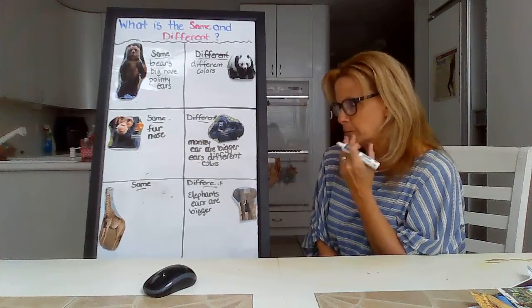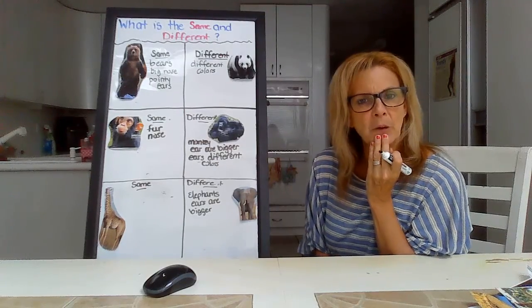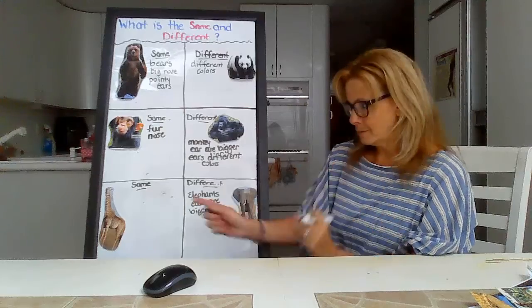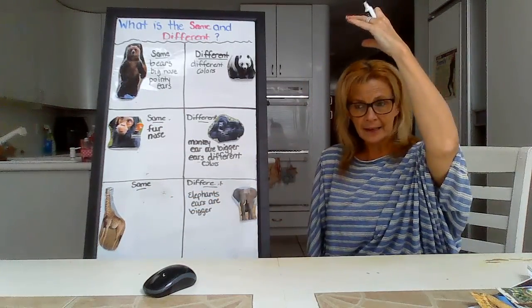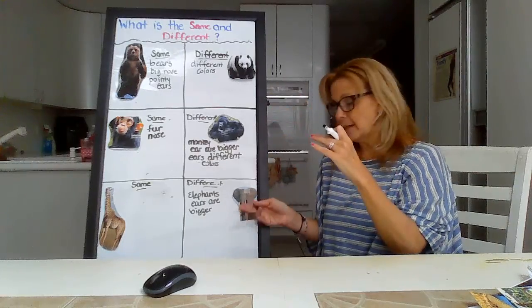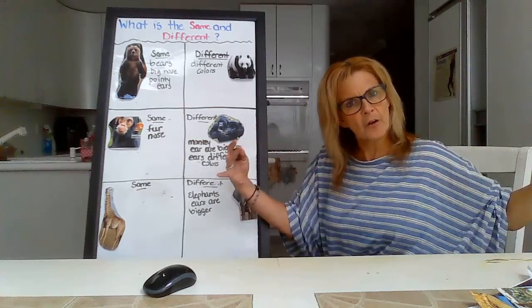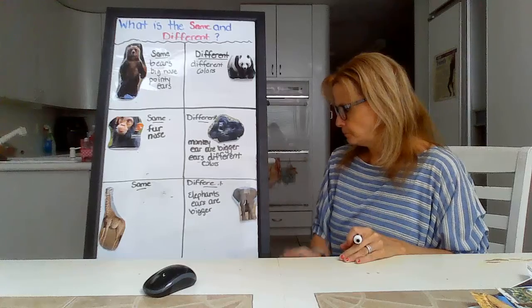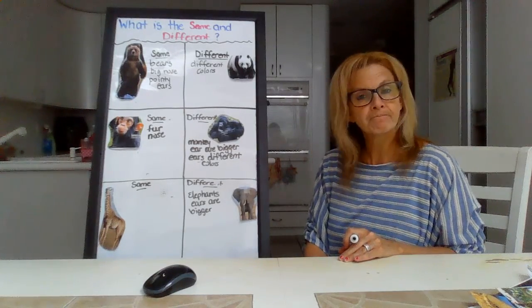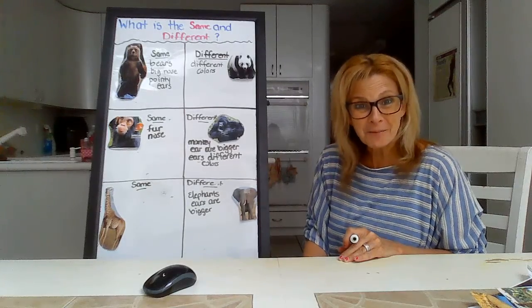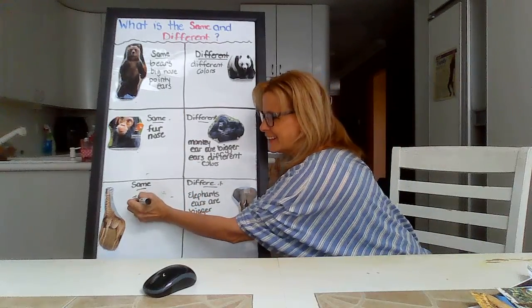What's the same? Do they look the same at all? You're right. The giraffes are long and skinny, and the elephants are shorter and wider. I don't know what else could be the same. They're both zoo animals, so we could say that.